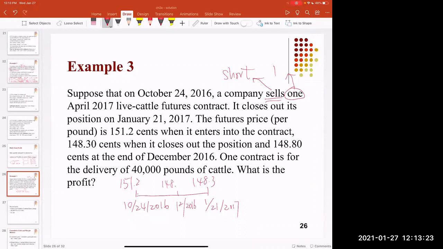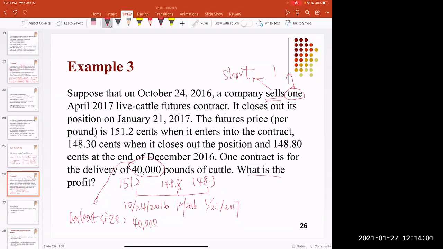One contract is for the delivery of 40,000 pounds of cattle. So this is the contract size. The contract size is 40,000.